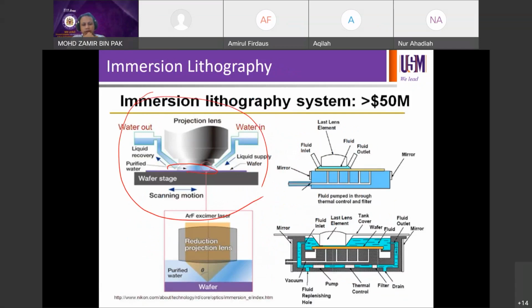Okay. There's water, whereas before this we had proximity, right? So the projection system and the wafer have some small distance, but that small distance is made out of what? If we have a small proximity, a small distance, what is the material in between? Previously.